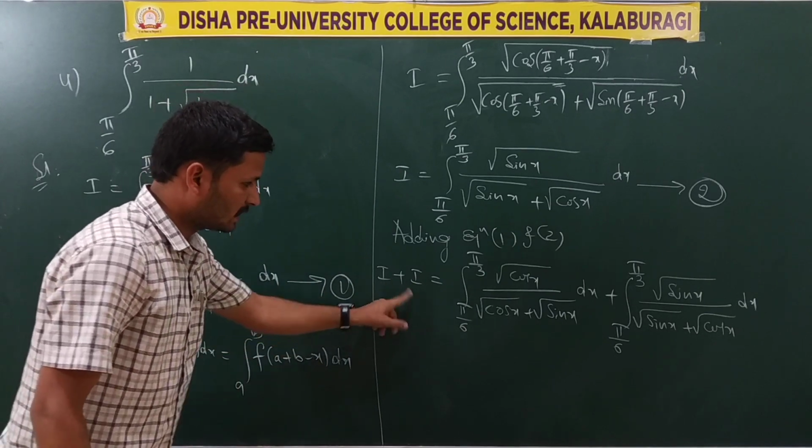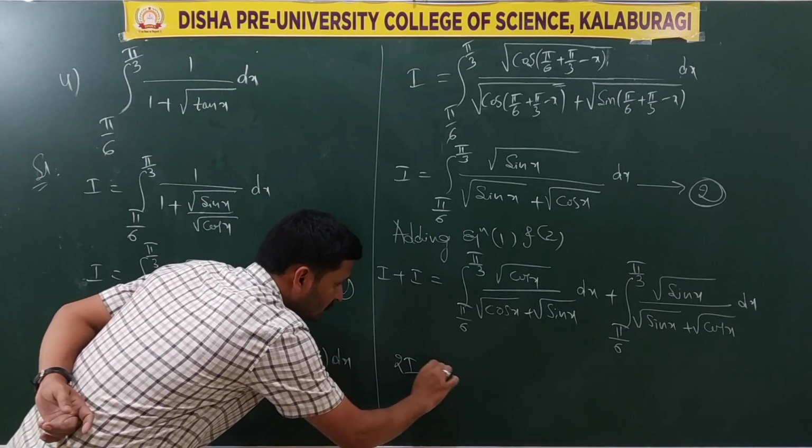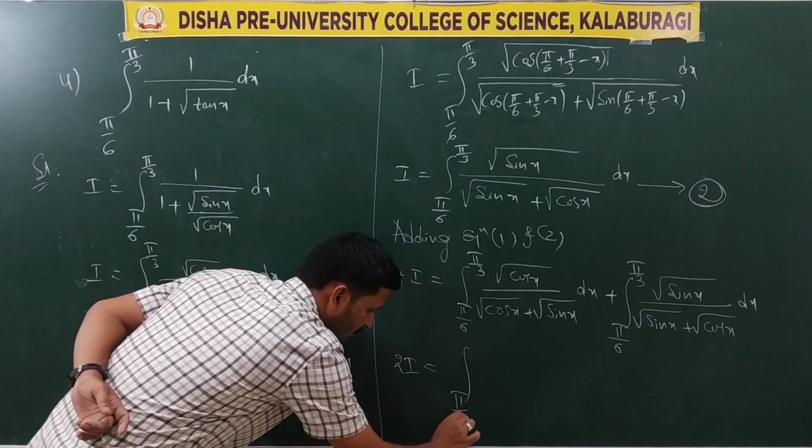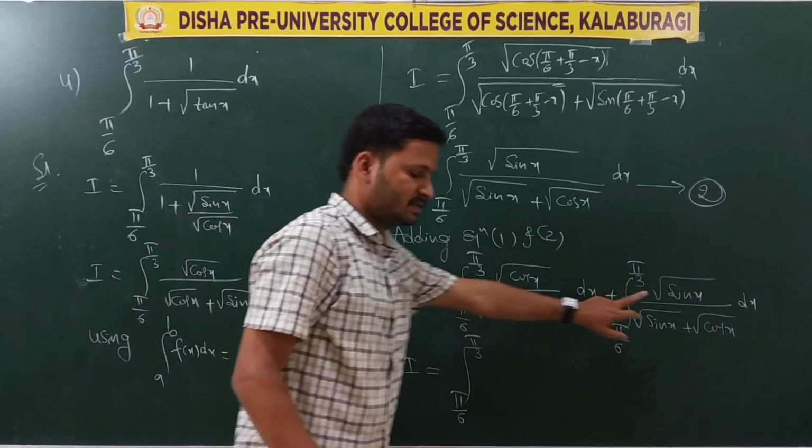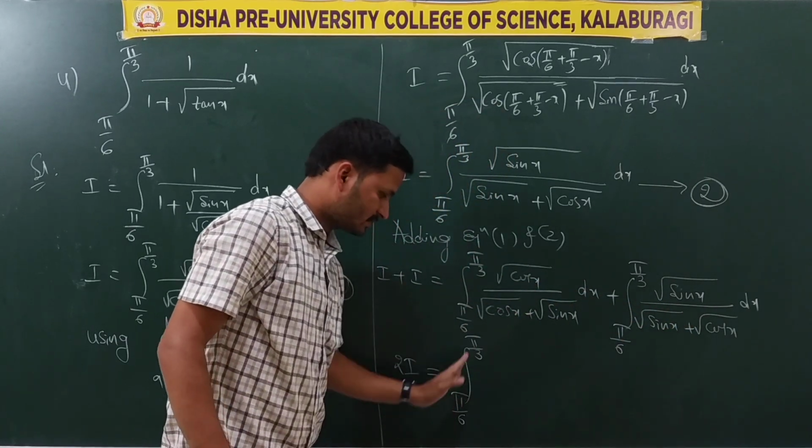Now I plus I, 2I, is equal to the integral from pi by 6 to pi by 3 of the common denominator of these two functions.